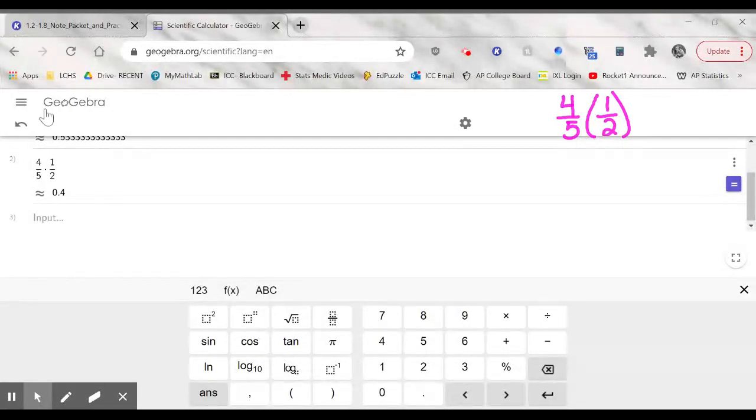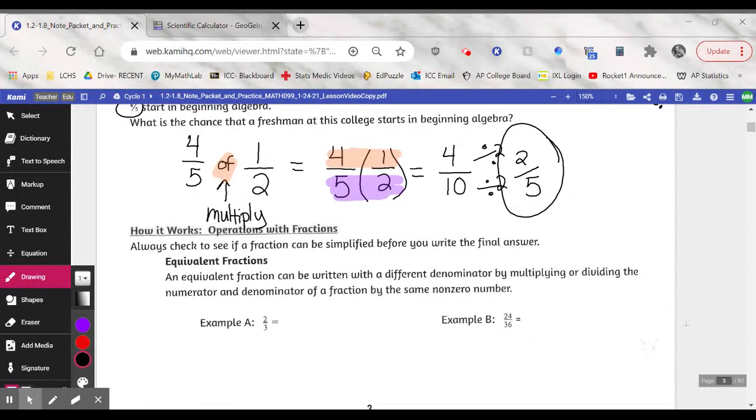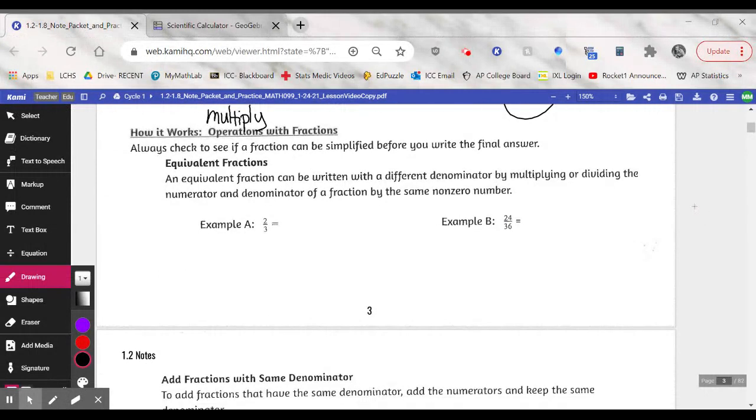In your calculator, you should get your answer as a fraction still. Okay, so looking at equivalent fractions. Always check to see if a fraction can be simplified before you write the final answer.